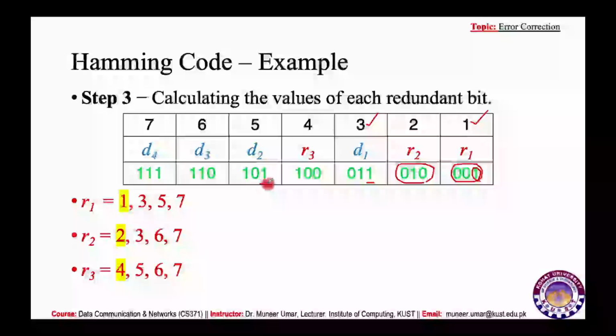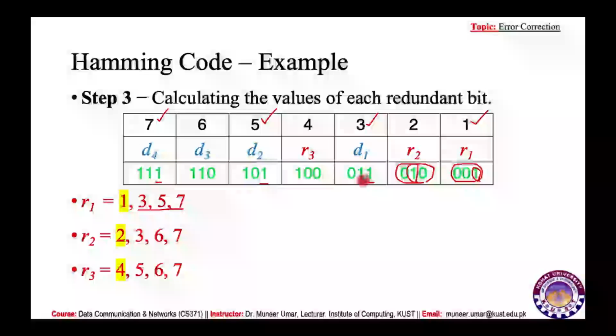This one is equal to 1, so this is for R1, and this one is equal to 1. This is also for R1. So R1 includes 3rd position, 5th position, and 7th position, because here the first bit is equal to 1 in all the positions. For R2, we will look into the 2nd position.